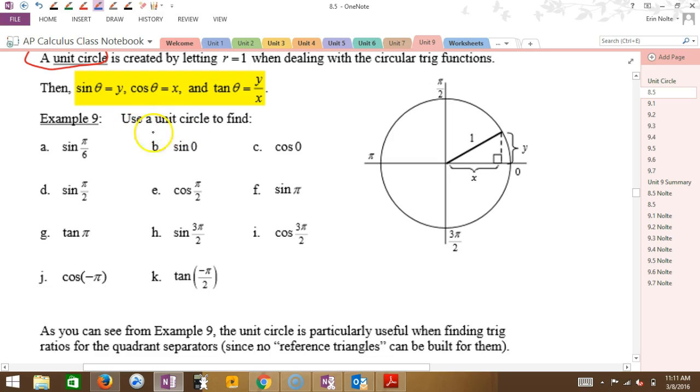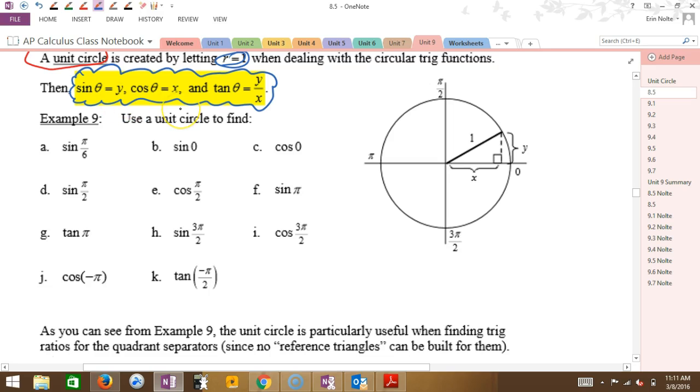We're going to start with π/6. Since we are using a unit circle, that tells us that the r value is 1. So we can simplify all of those ratios and say that now sine is just going to be y, cosine is x, and tangent is y over x.